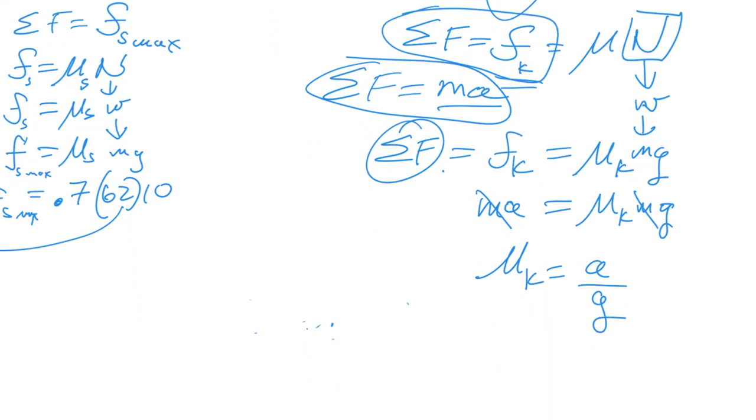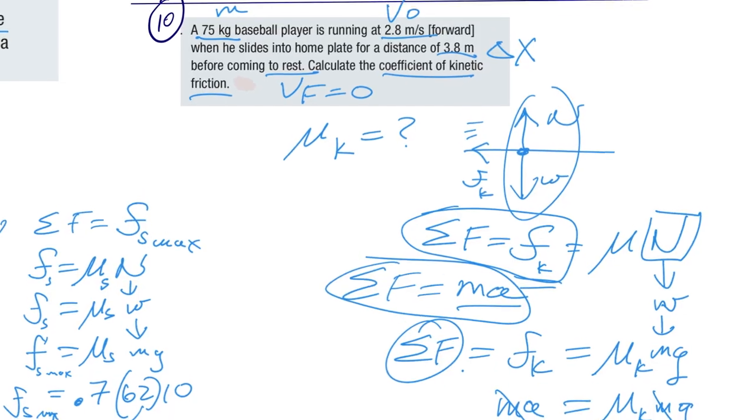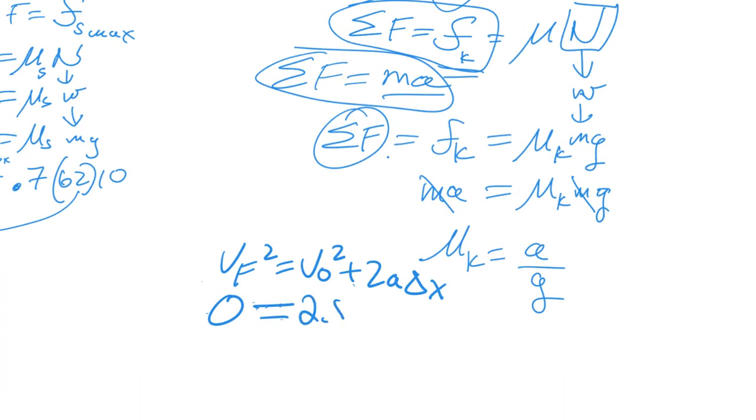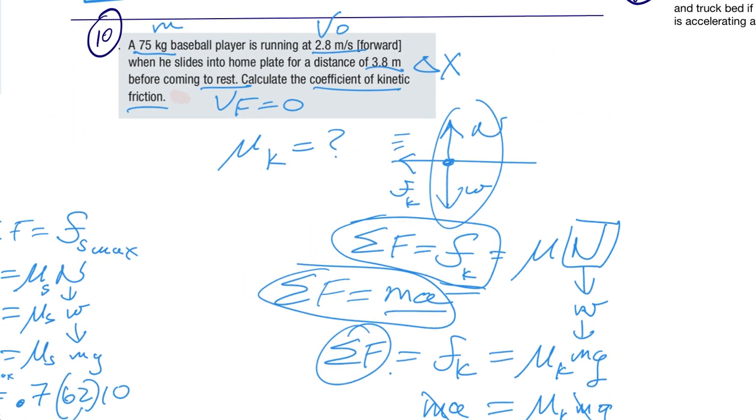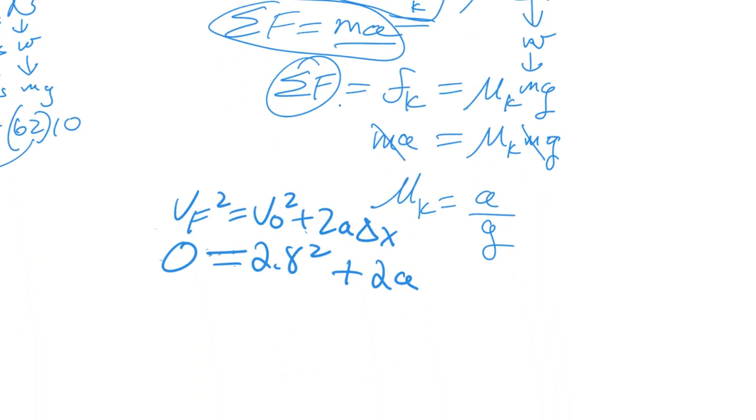So VF squared equals VO squared plus 2 times acceleration times delta X. VF is 0. VO is 2.8. That's not very fast. And then 2A times delta X. 3.8 is how much he slid.